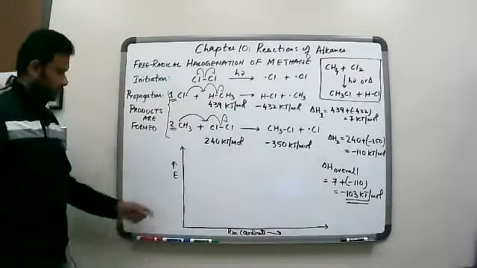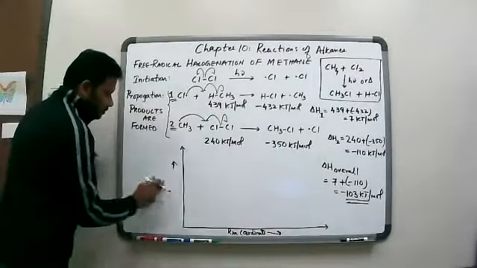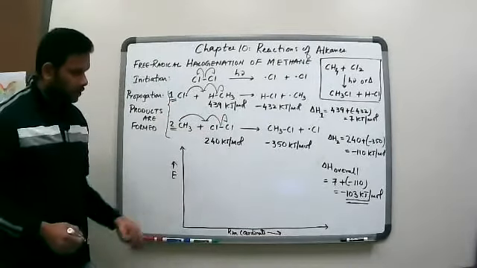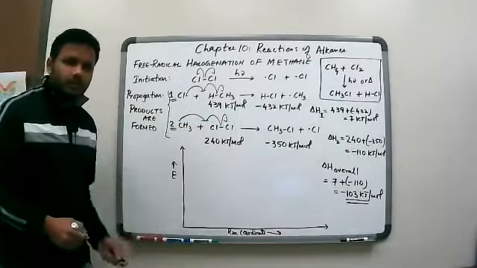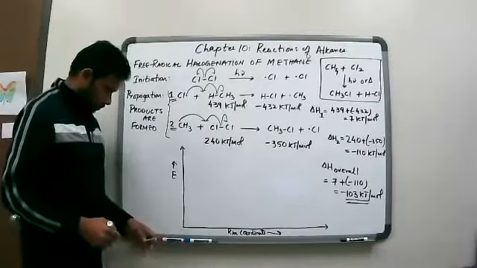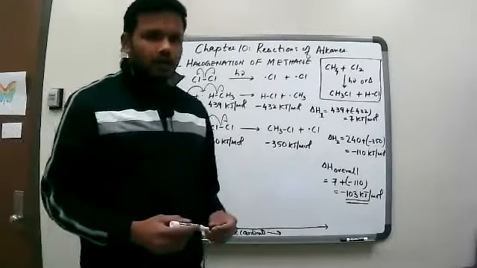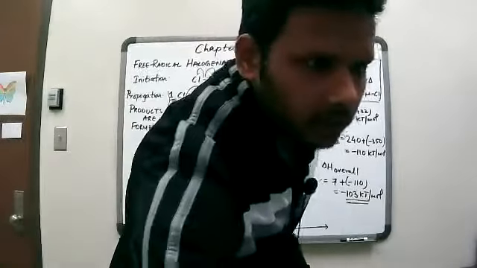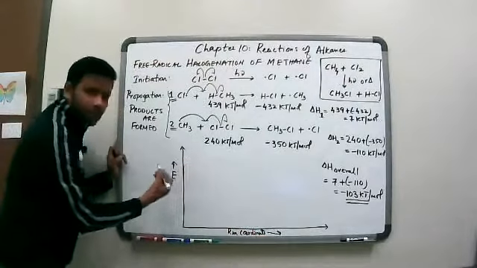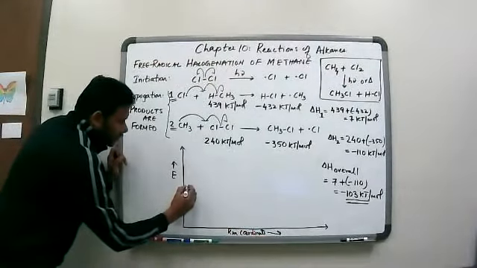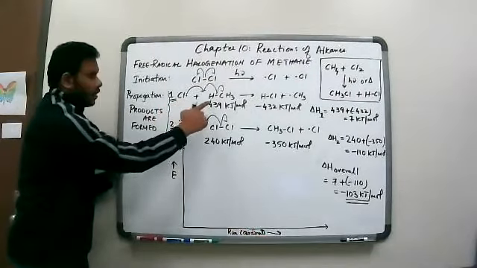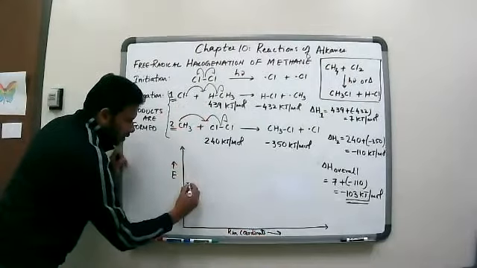on the x-axis. The y-axis is the delta H, or enthalpy. Yeah, energy is fine. I think it's just a form of energy, so we can just use energy. And we have delta H on this side. So now if I look at this, and if we assume, arbitrarily, that chlorine radical and methane are at this level.